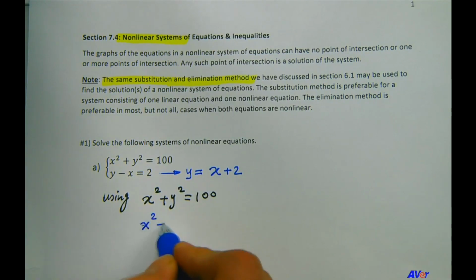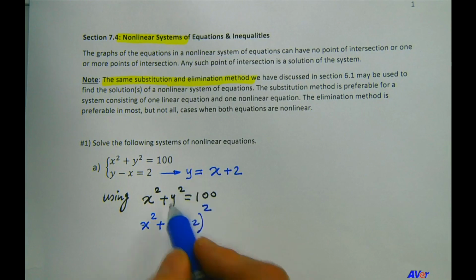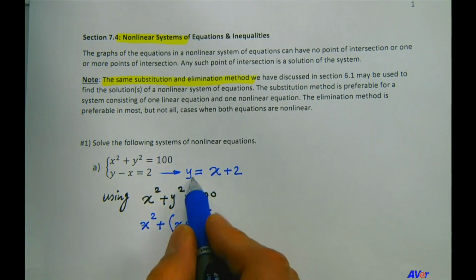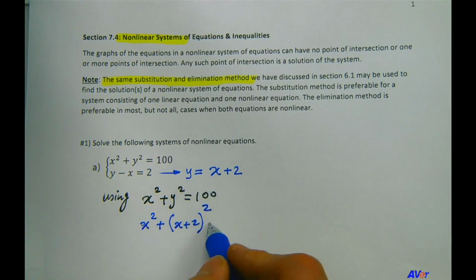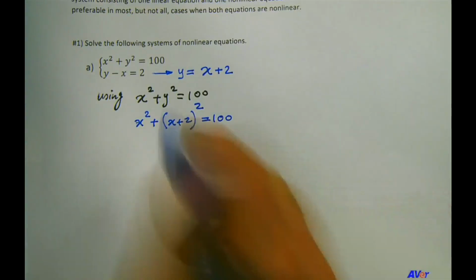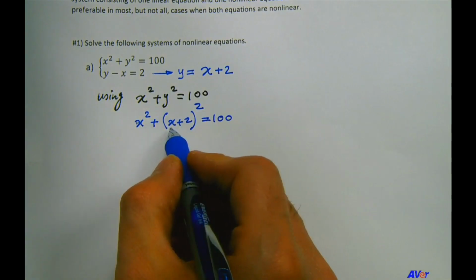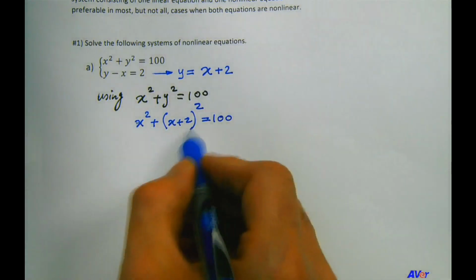So we have x squared plus (x plus 2) squared, because y is equal to x plus 2, equals 100. And now we need to expand this in order to solve for x and then solve for y.